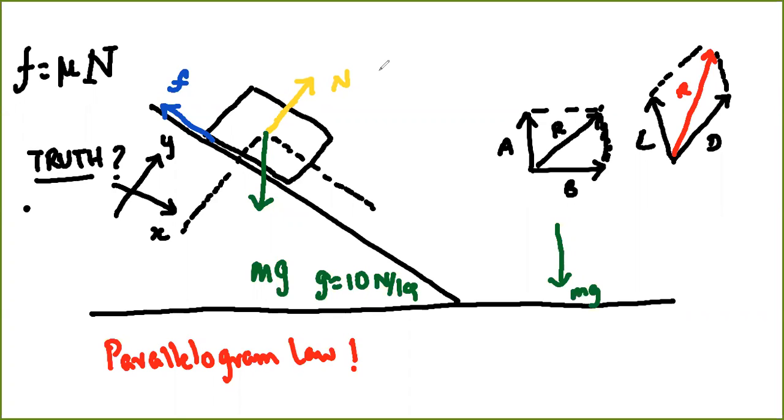I know there was a force acting in this direction, and a force acting in this direction, because gravity is the resultant vector. So gravity can be the resultant vector of two forces, one acting like this and the other acting like this.